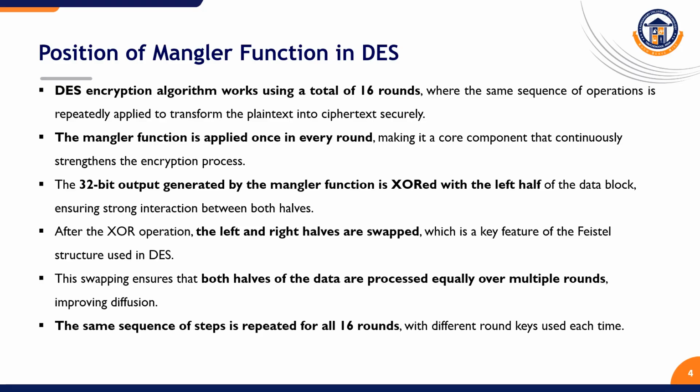After the XOR operation, the left and right halves are swapped, as in the Feistel structure used in DES. This swapping ensures that both halves of data are processed equally over multiple rounds. The same sequence is repeated up to 16 rounds, and finally we get the final ciphertext of the plain text.